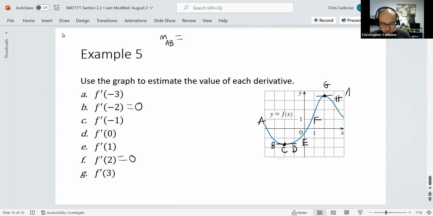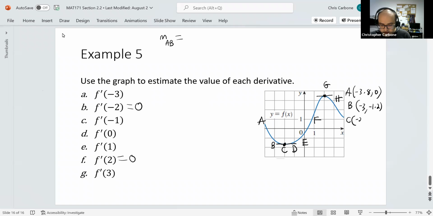These points are the following. A is the point negative 3.8 about, comma 0. B is negative 3, comma negative 1.2.